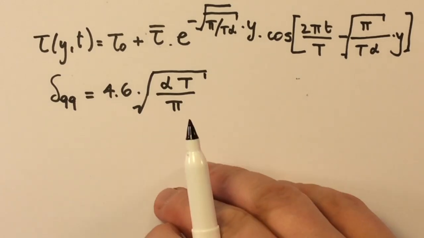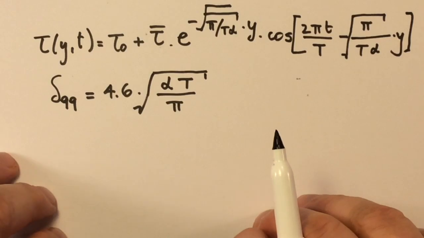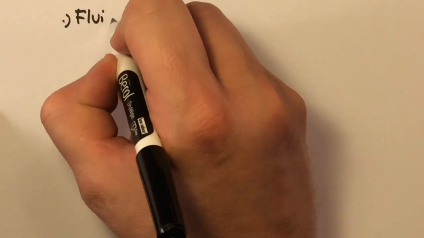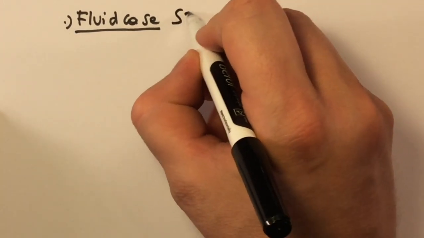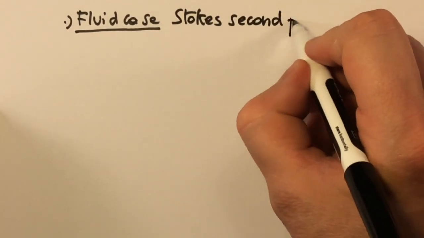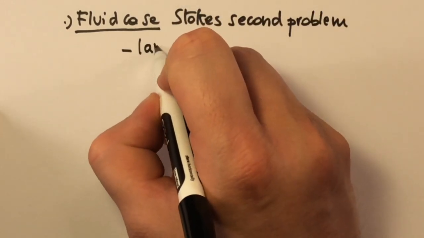Although these two problems are mathematically equivalent, there are of course a few differences we can discuss. First of all, in the fluid case, the second Stokes problem, we consider a laminar flow.